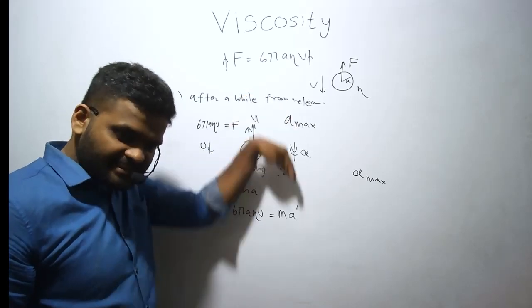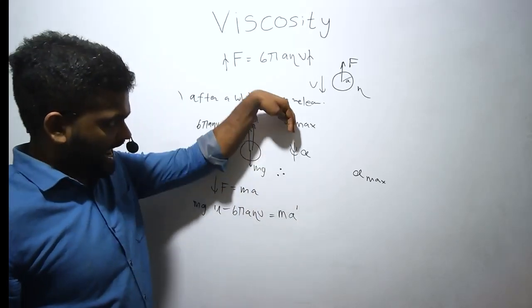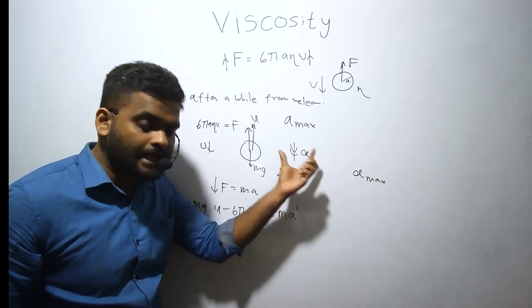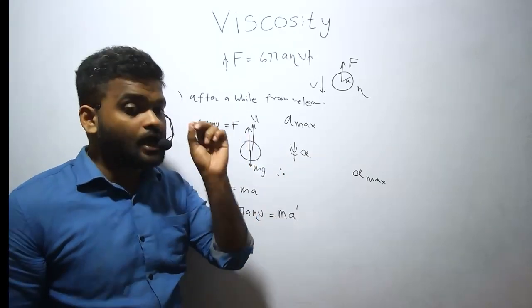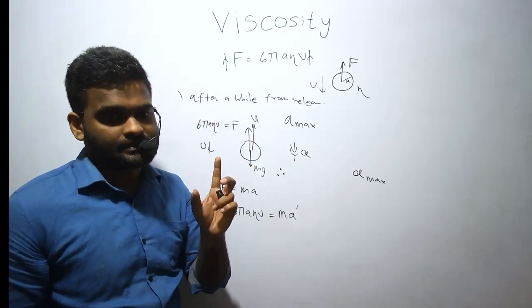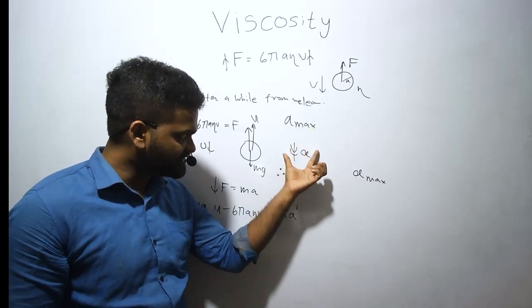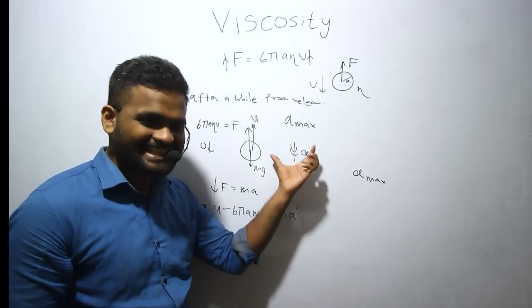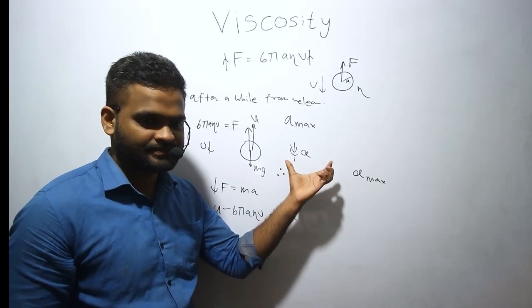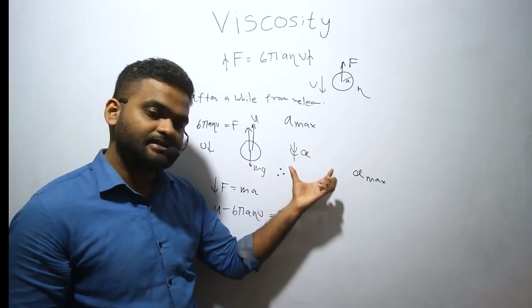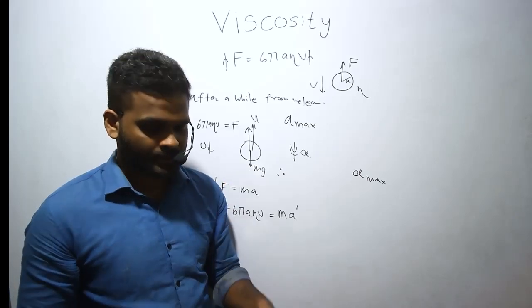The value of acceleration is decreasing, but it doesn't mean the object's velocity decreases. Even though acceleration drops, it is still acceleration. So velocity keeps increasing, but the acceleration decreases.